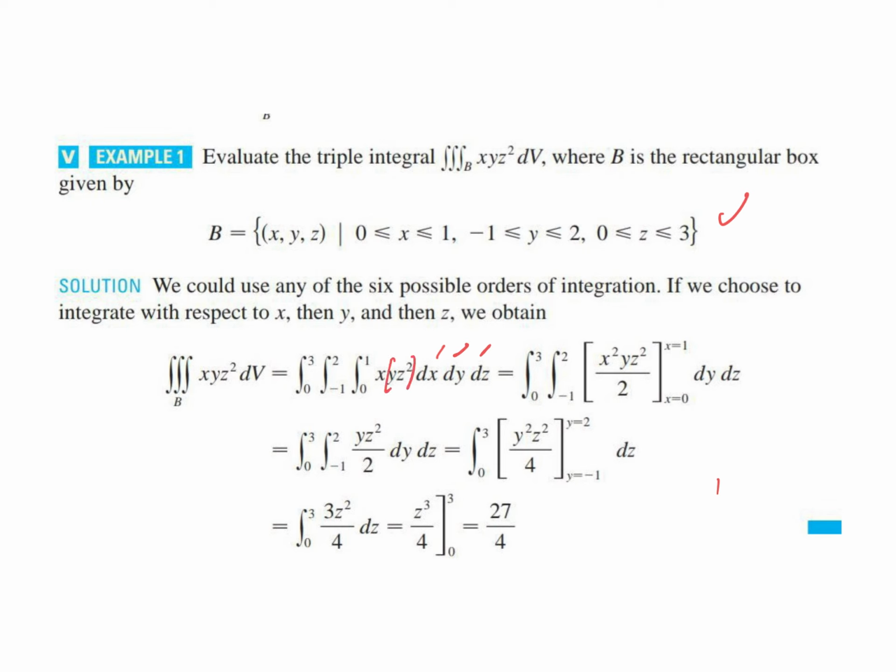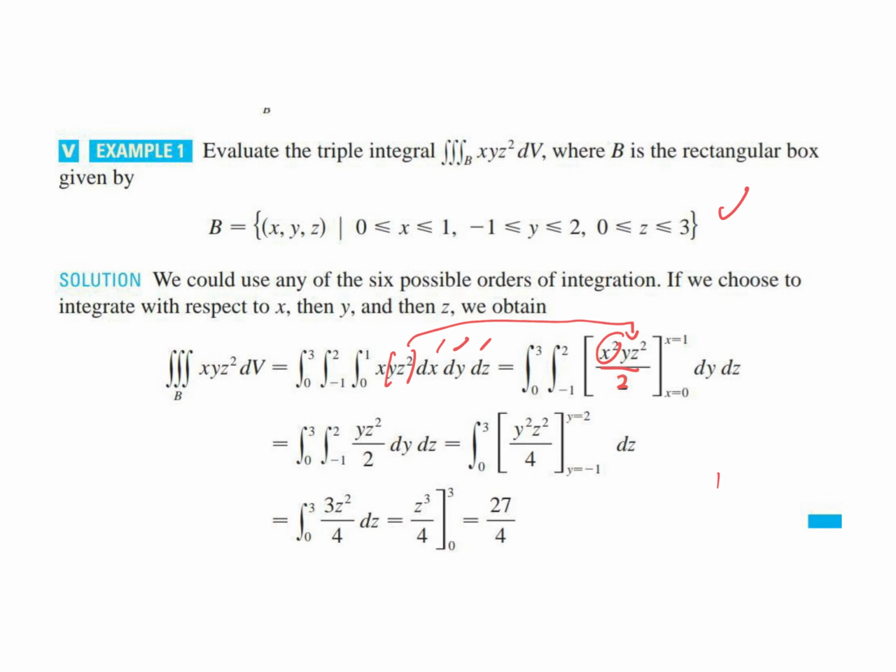With respect to x first, y and z square will be constants, so we get x square over 2. We just write back y z square. Then we substitute the value, and then we integrate with respect to y. For this one, we just write back z square, and we integrate y over 2, so we will get y square over 4.